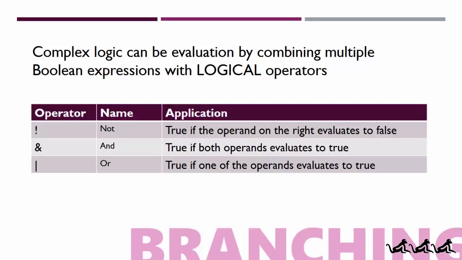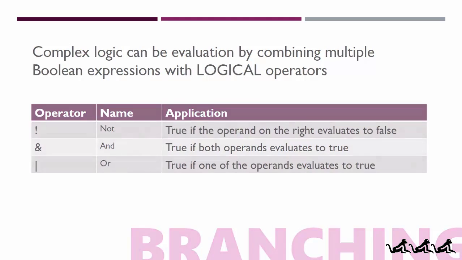Or evaluates to true if either side is true, if it's windy or it's rainy. So you can see, just using simple operators, that you can build some pretty complex evaluation statements into your program and then control the flow of your logic based upon the evaluation of those statements.